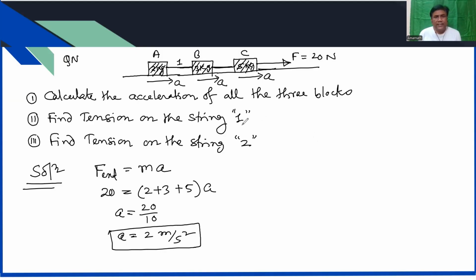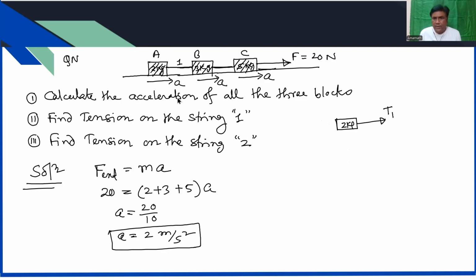Now find the tension in the string 1. For that you have to draw the free body diagram of this part. Say this is the 2 kg object and here is the string. The string will pull it, that is tension T1 only. There is no force from the back. There may be friction on the surface, but in the question it is not mentioned, so we have to take the friction as 0.